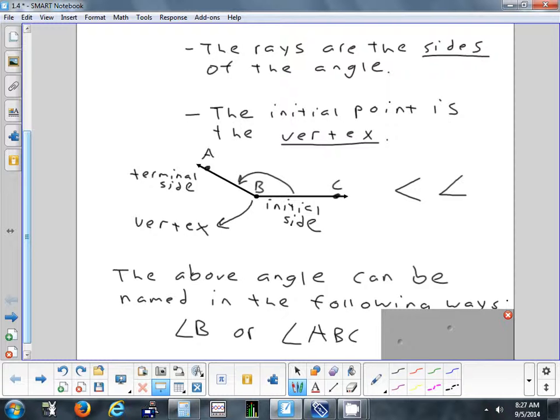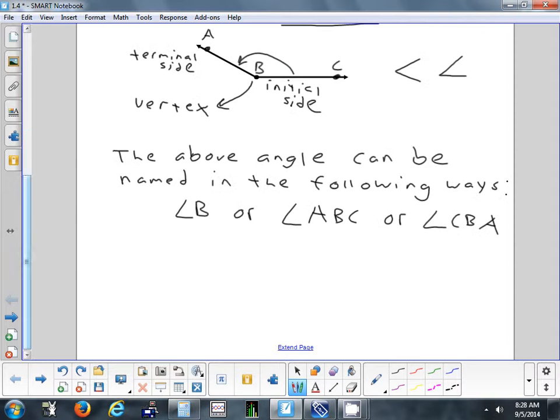We'll talk about it in a minute, but the vertex does have to be the letter in the middle. So angle ABC is one way. What's another way you could name it, still keeping the vertex in the middle? Yeah, you could call it angle CBA. Okay, so three different ways to name the same angle.